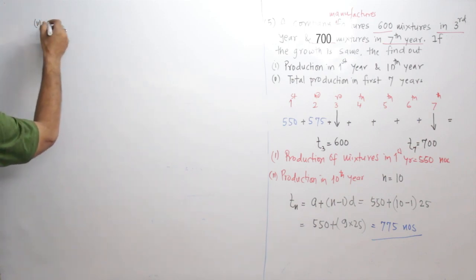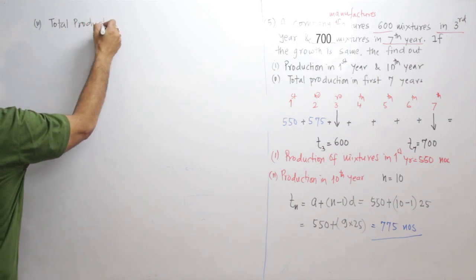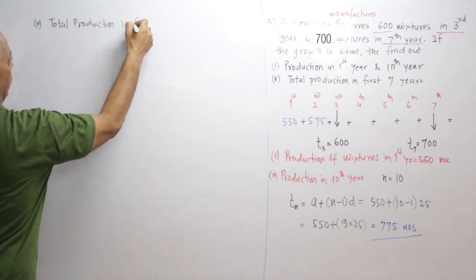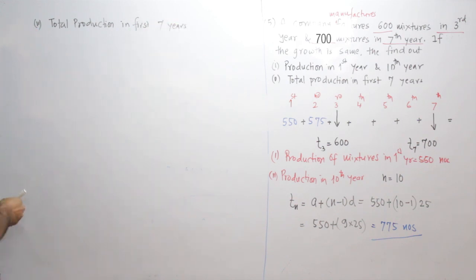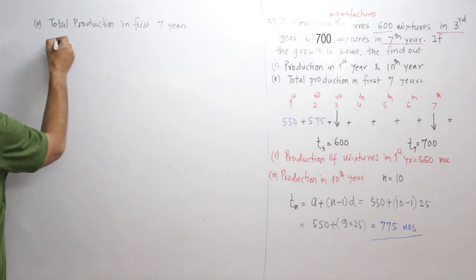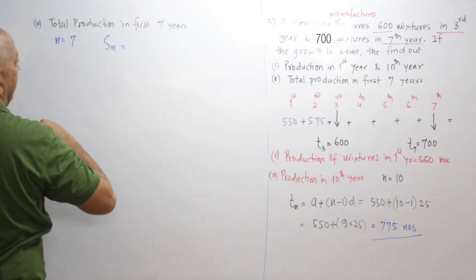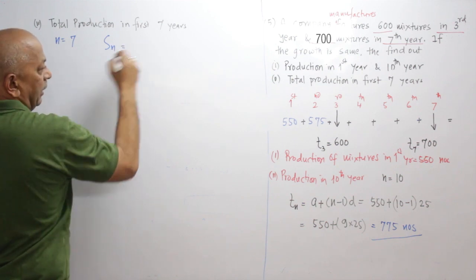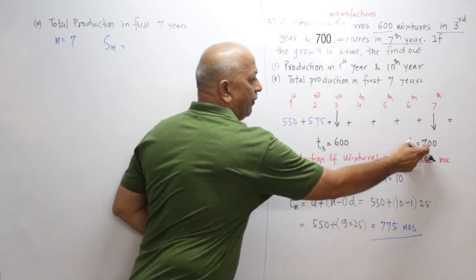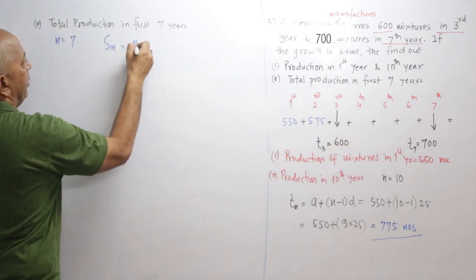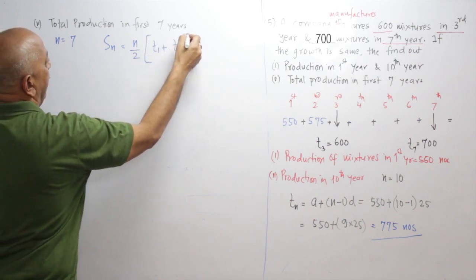So second question, total production in first 7 years. So n is equal to 7, and we have to calculate Sn. We know the formula: we know the first term and the seventh term, so you can use n upon 2 into bracket T1 plus Tn.